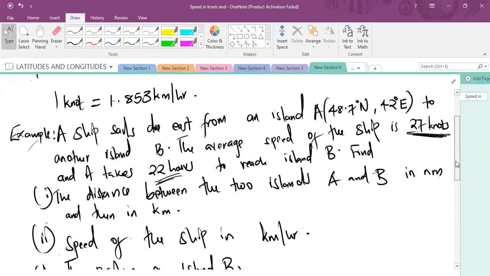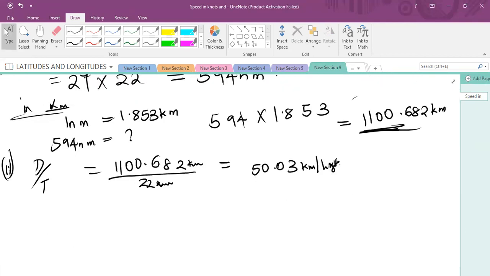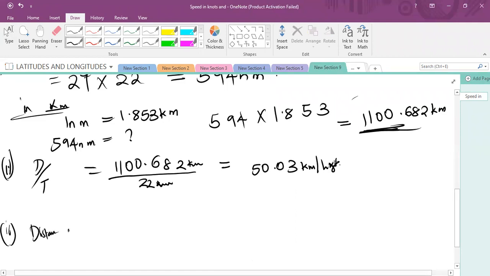Then we already have the distance in nautical miles, which from our previous example is equal to theta, where theta here basically is the longitude difference between point A and B, times 60 times cos.